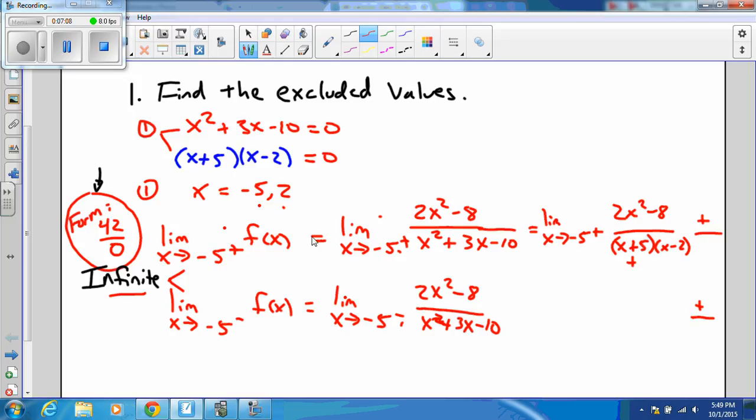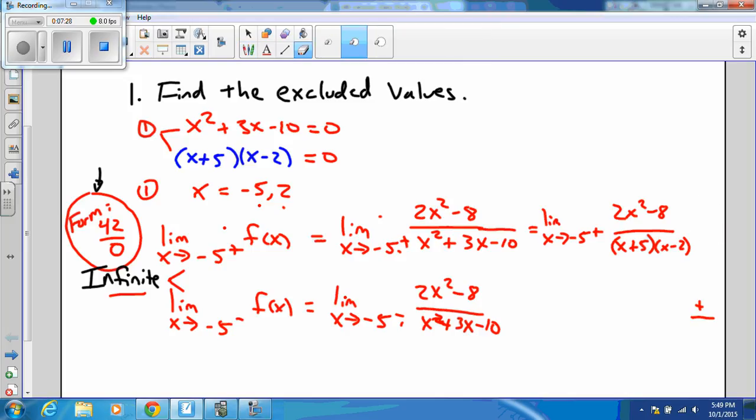The sign here will be positive, and the sign here, -5 minus 2, will be negative, so my sign analysis gives me a positive value on the top and a negative value on the bottom. And that indicates that my limit is going to be negative infinity.